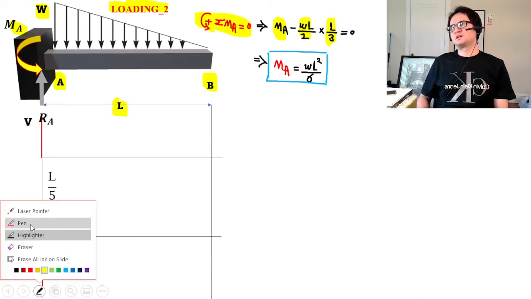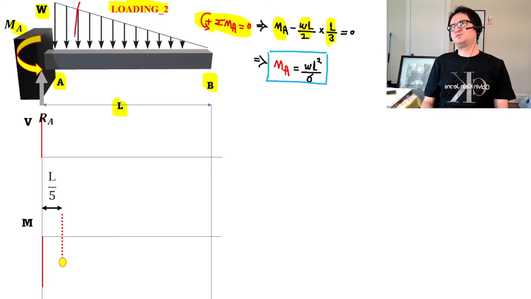We convert this distributed load to a concentrated load of WL over 2 at L over 3 from the base, which is the centroid.